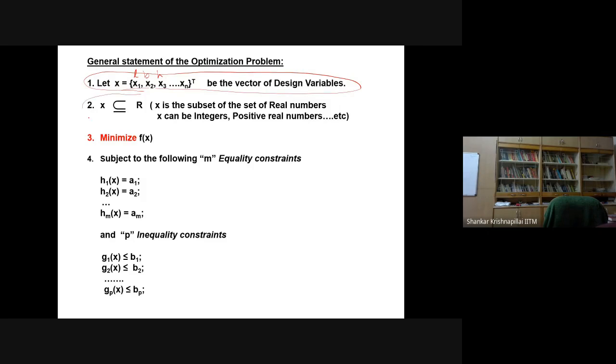Then x is a subset of real numbers. So we are not dealing with any imaginary numbers. x is a subset of real numbers. So x can be integer, positive real numbers, etc. A negative number can also be a real number, but we don't take negative length, breadth, height, etc. So you have to specify.